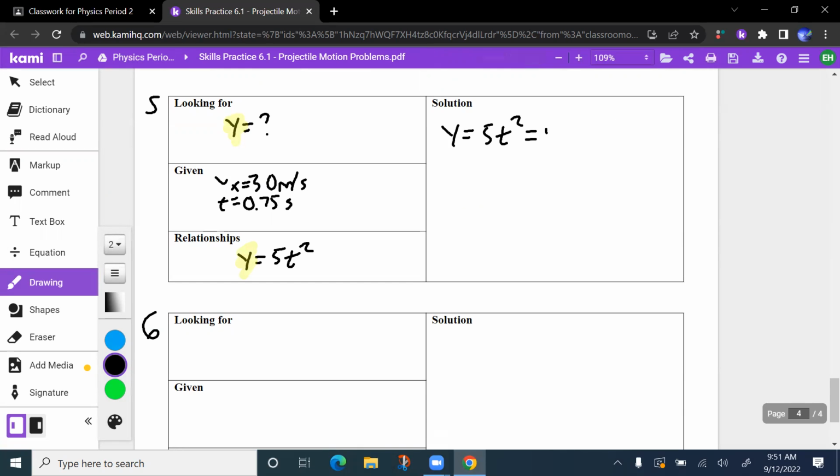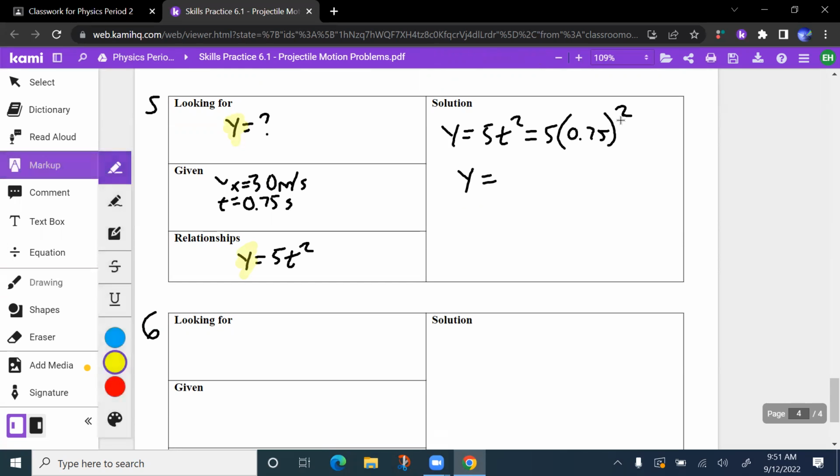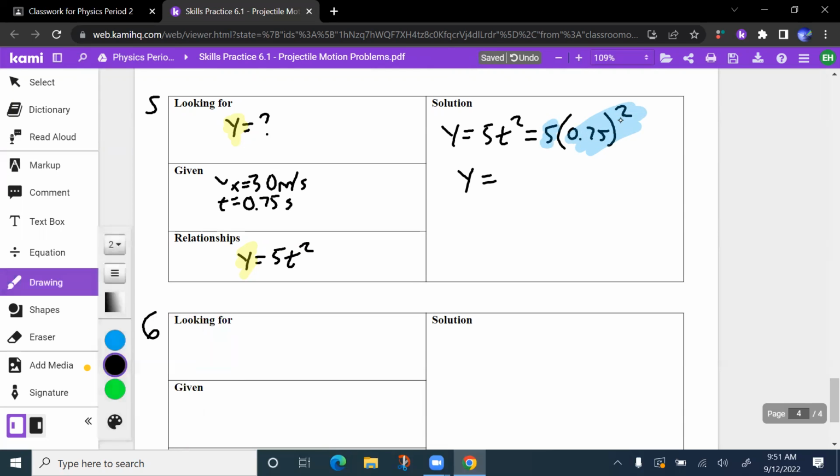So 5t squared would be 5 times 0.75 squared. Okay, now, when you put this in your calculator, make sure you square the 0.75 first, meaning 0.75, square it, then multiply times 5. Do that first. Okay, and if you do that correctly, 0.75 squared is 0.5625 times the 5 out in front.